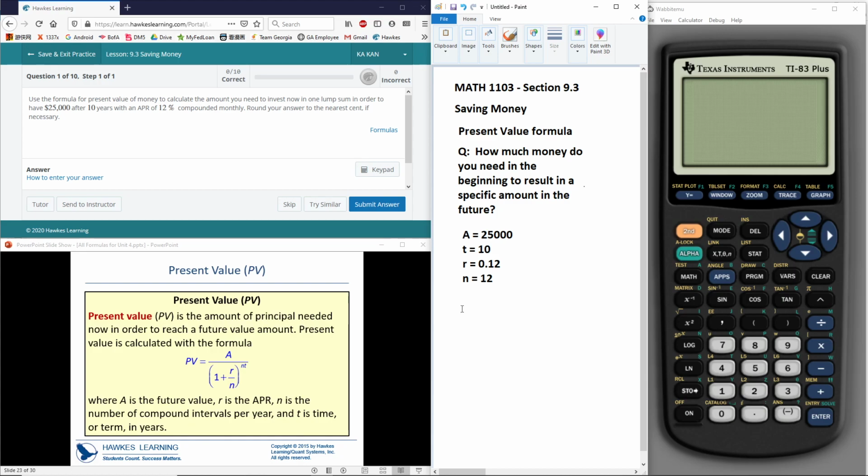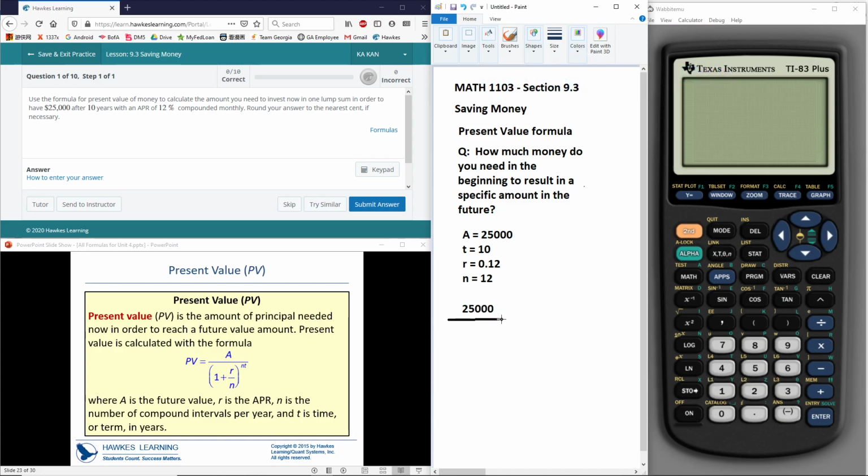Again, it's a lot easier if you type it in yourself, or if you just write it down on a piece of paper. But let me try this. So 25,000 divided by, oh, actually, I can do better with this. Should I draw a line, right?